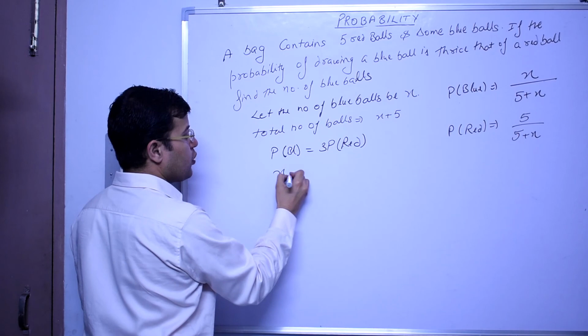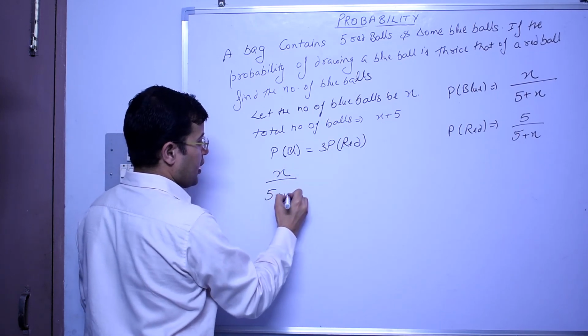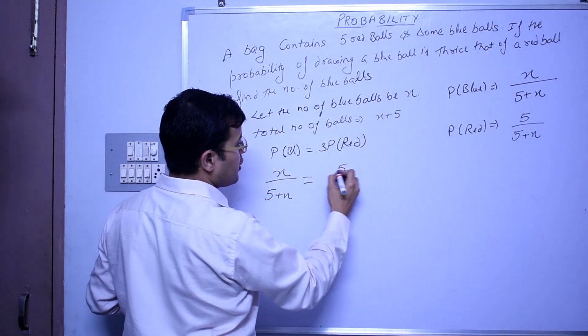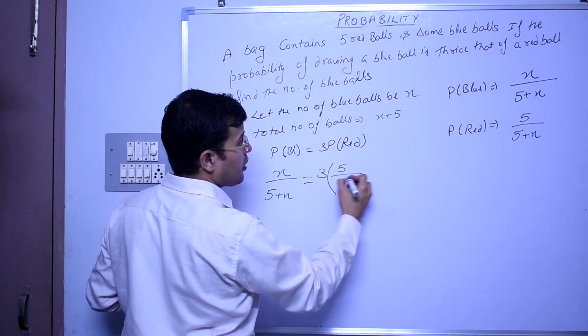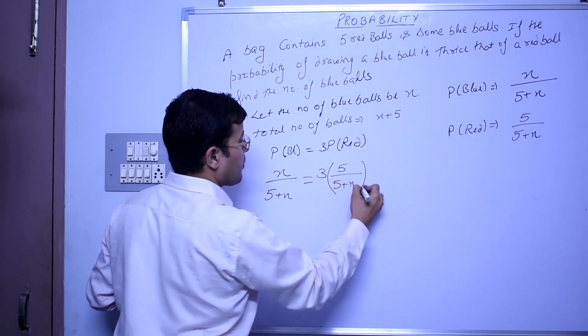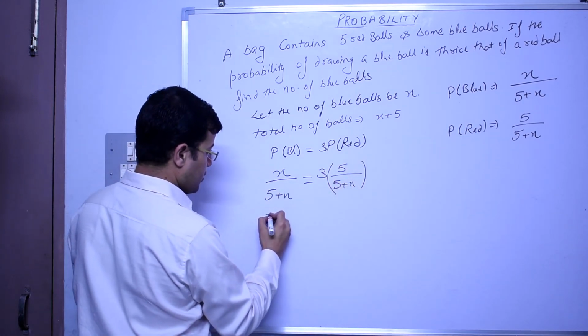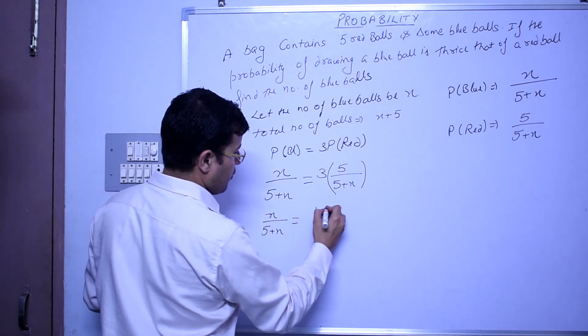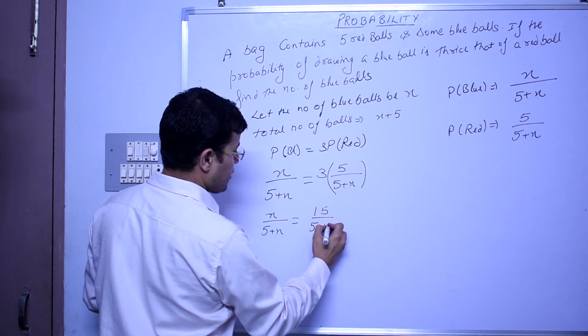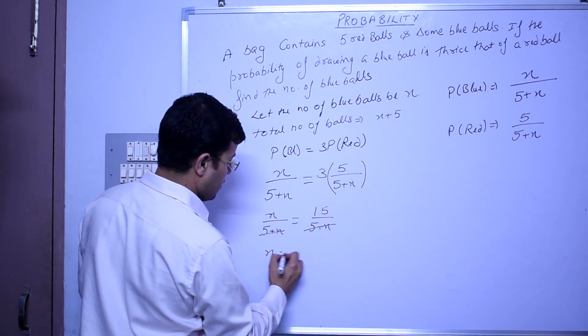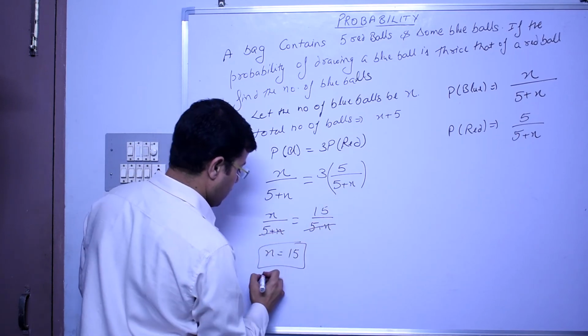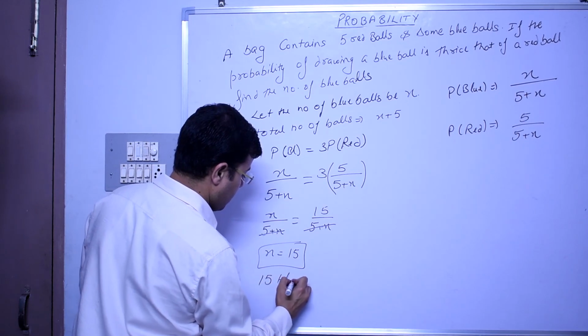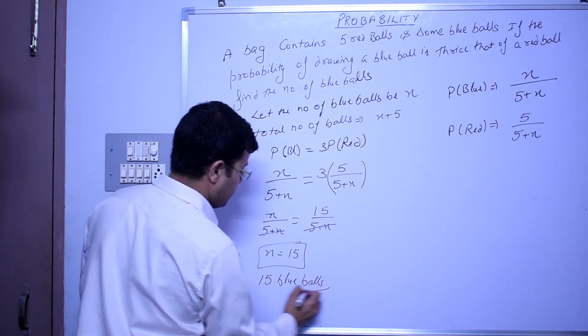That probability of a blue ball, that is x upon 5 plus x, is equal to 3 times the probability of red balls. So now let's find it out. This is x upon 5 plus x, which is equal to 15 upon 5 plus x. This gets cancelled out. x is equal to 15. So you have 15 blue balls.